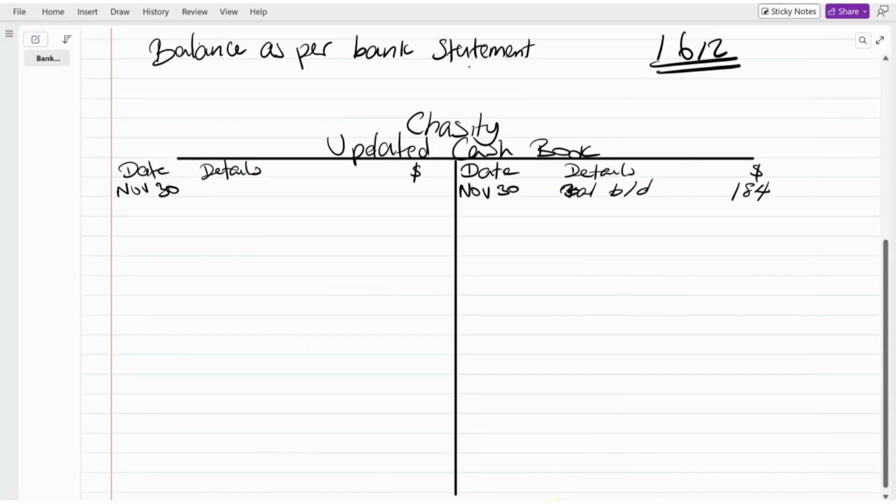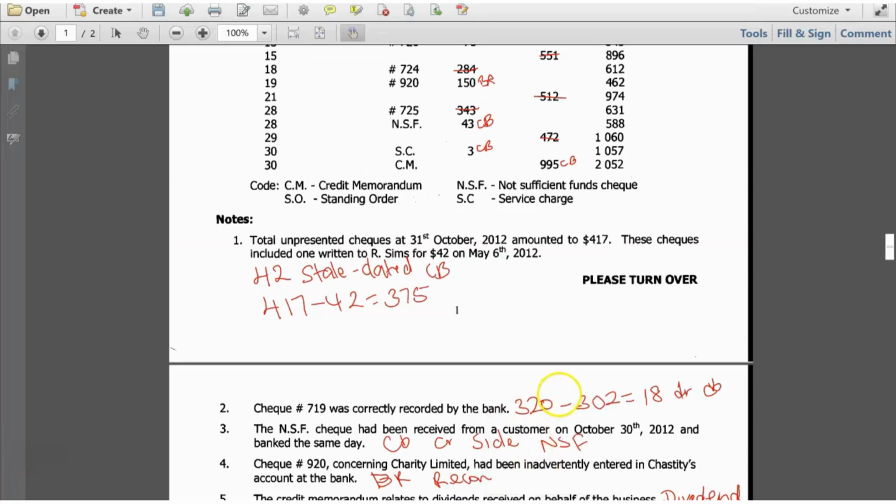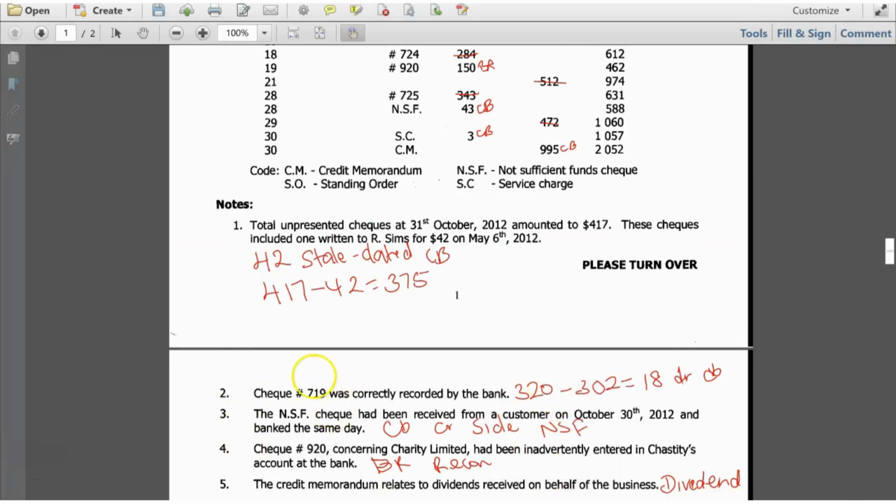On the debit side, we would write in our details this stale dated check of 42, stale dated. If you want to put our Sims so we know who it was written to, you can. And that was $42. So that comes back into the account. All right. Anything else from the notes that we should be aware of? Oh, so note 2 again.